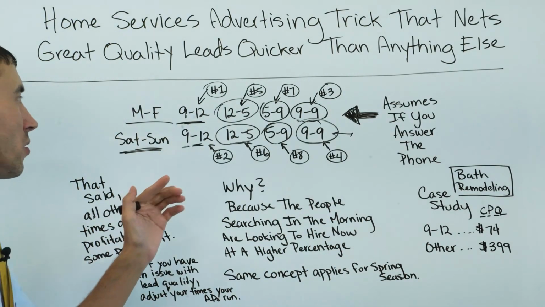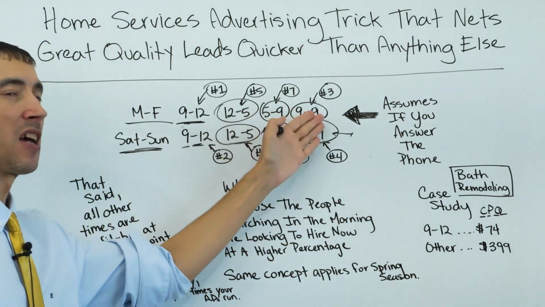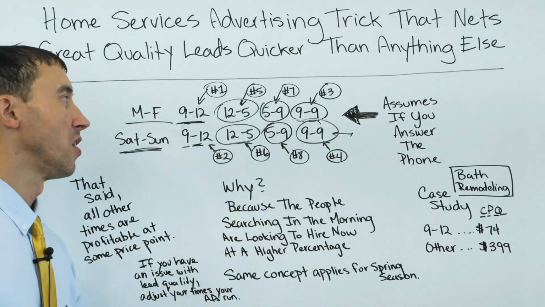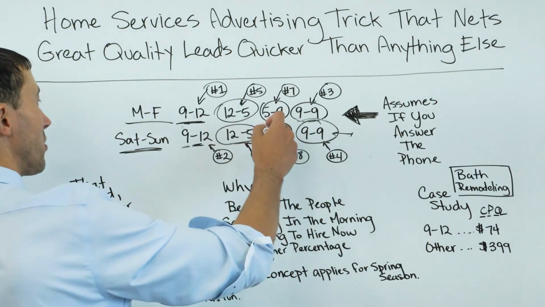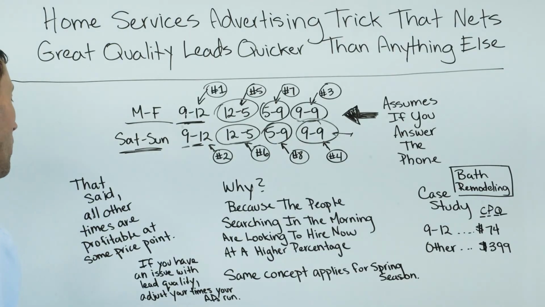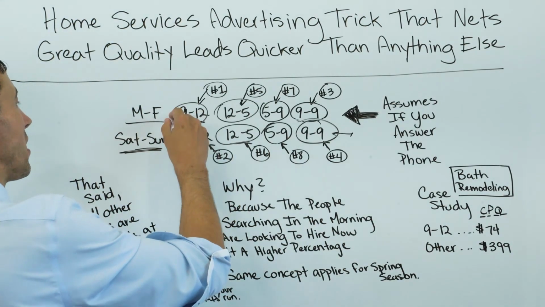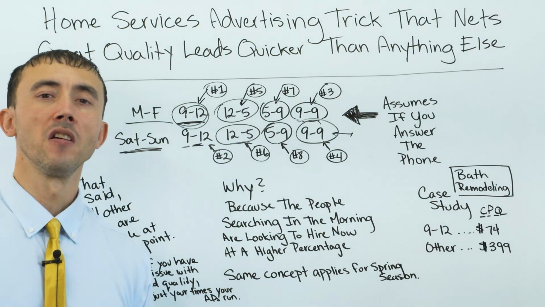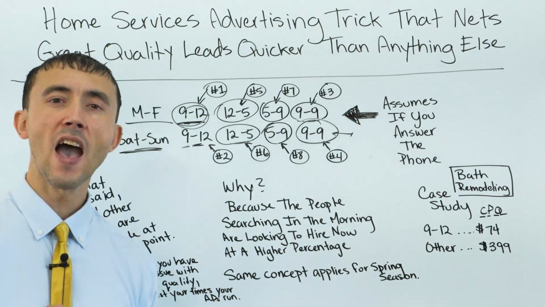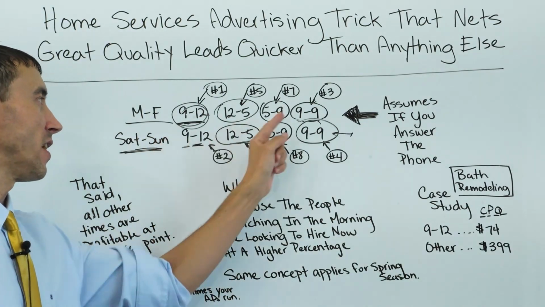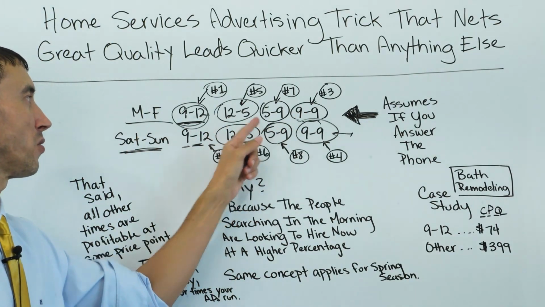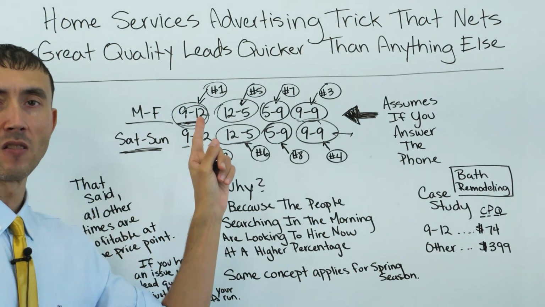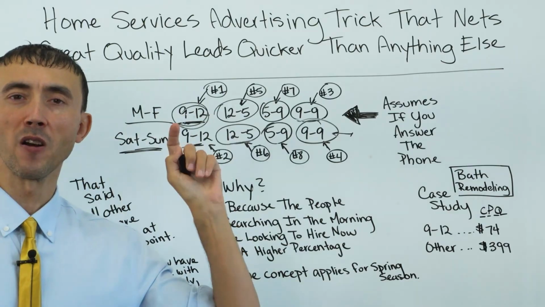So with that said, the different time slots that I broke out here are the main differentiation points where one will convert significantly different than the other. You may be making good money 9 to 12 because that's when the most serious leads come in. If all we had was to assume that the leads cost the same to produce at each of these times, we would want to do 9 to 12 only, because it provides the most serious leads that convert at the highest rate.